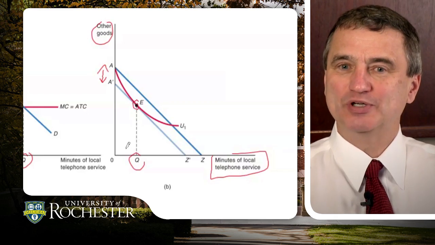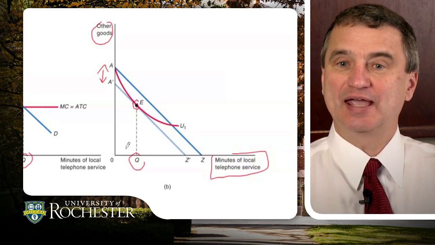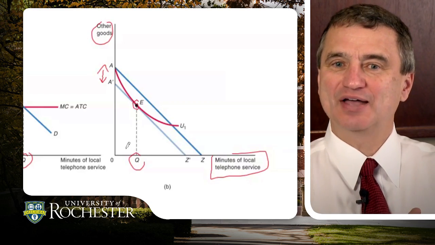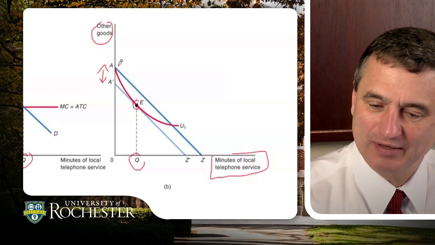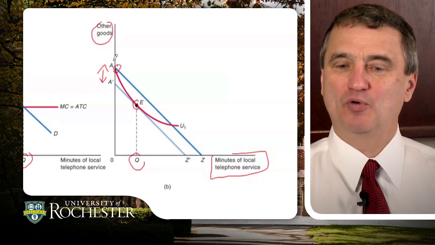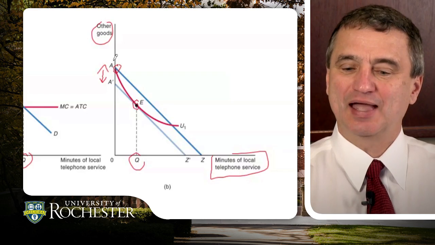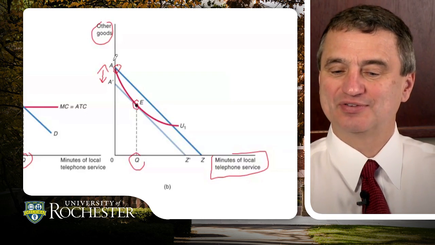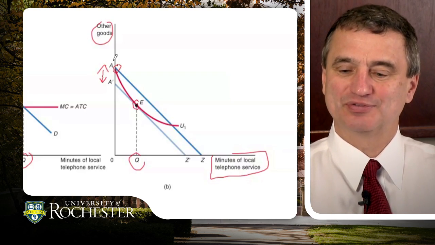And the maximum we can take away from her is the vertical distance A to A prime. That's the size, the maximum entry fee that the consumer would end up with a corner solution at point A, purchasing no minutes of local phone service and yet be just as well off as she is at point E consuming Q units of cellular phone service.